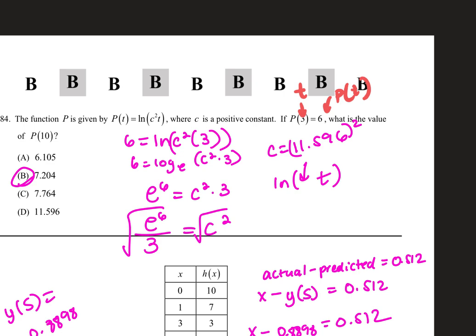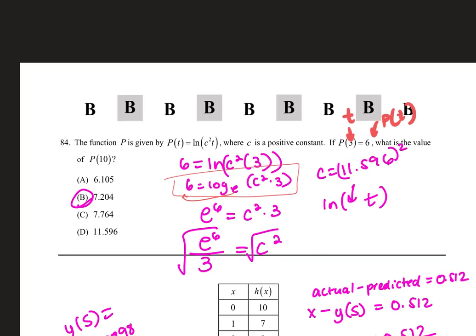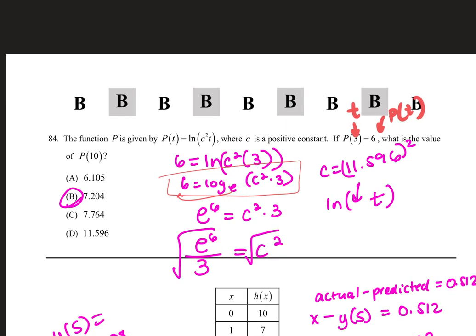So log base E of C squared times 3 gets you the equation. The E goes over, picks up the 6. E to the 6 equals C squared times 3. And then in the calculator, I would do E to the 6 divided by 3. It actually asks for the value of P of 10, so you didn't have to square root it because you could have kept C squared. But I found C to be 11.596. And then I plugged that into the calculator.